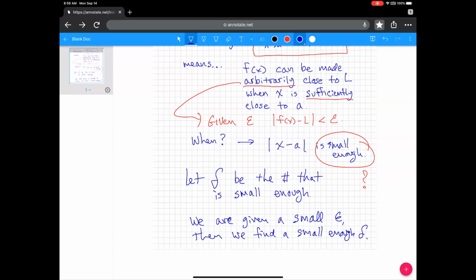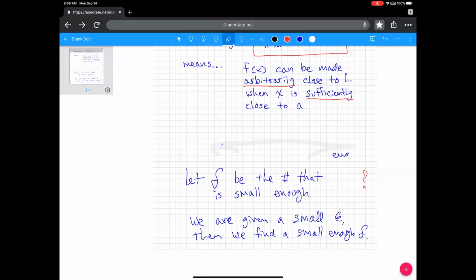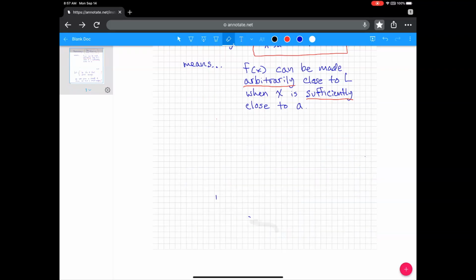So you may be completely lost at this point, but I'm going to now take a stab at writing the actual formal definition and see if it hopefully has a better chance of making sense after this discussion than it would right out the gate. So let's take a look here. So here's the formal definition.